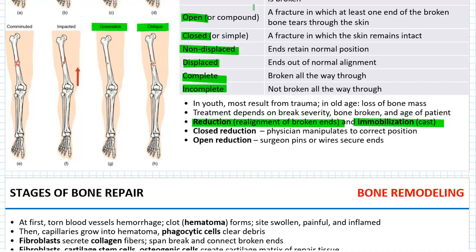The cast. Okay? Reduction can be closed, when the doctor will just move the bones without opening the arm, or it can be open. So, for instance, for my son, it was an open reduction because his arm had to be opened.